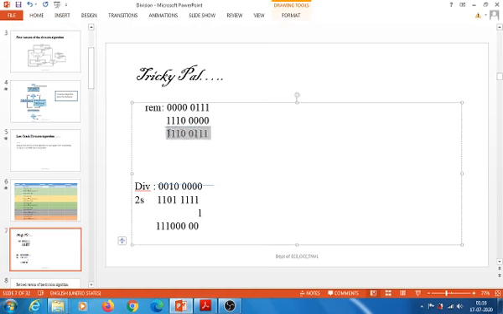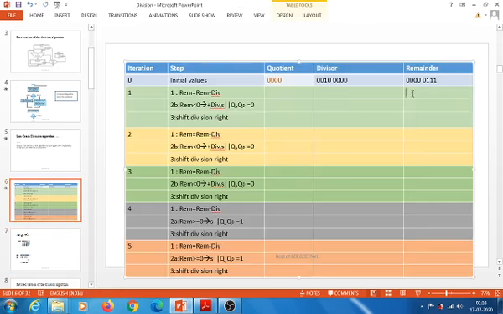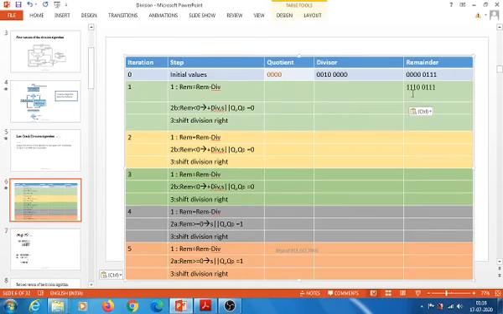I must copy and place this in this register. Okay, so 1 1 1 0 and 0 1 1 1. What is the value of the divisor? The divisor will be as it is, because the first step says remainder equals remainder minus divisor. So the divisor remains the same, 0 0 1 0 0 0 0 0, and the quotient also remains the same, 0 0 0 0.